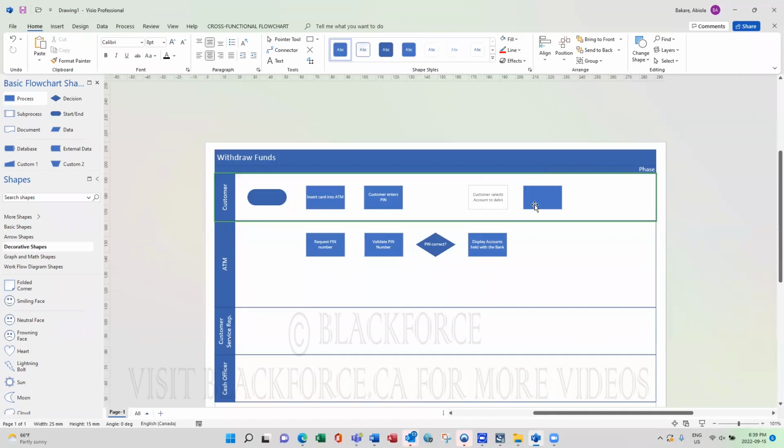I think the ATM pops up the amount we're going to enter before the customer enters it. So maybe we need to put that for the ATM first, because the ATM asks how much you want to collect before the customer inputs the amount. Okay, so you're saying in between the customer selecting the account, the ATM asks the customer how much they want to withdraw.